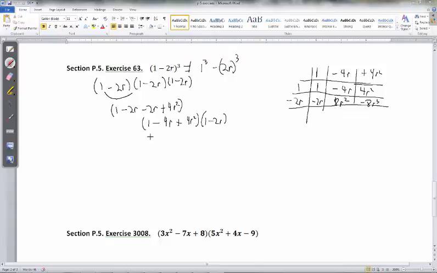So 1 times 1 is 1. 1 times minus 2r is minus 2r. And then I just indent a line and go down 1. So negative 4r times 1 is minus 4r. Negative 4r times negative 2r is plus 8r squared.